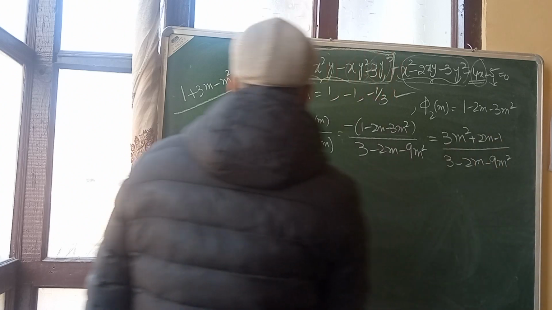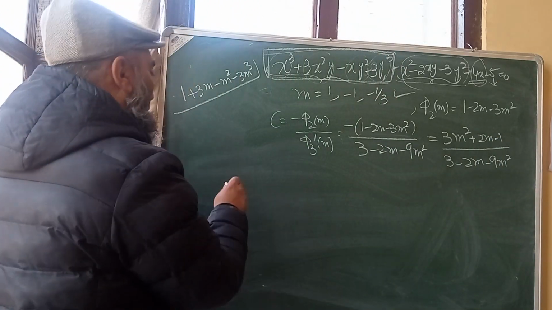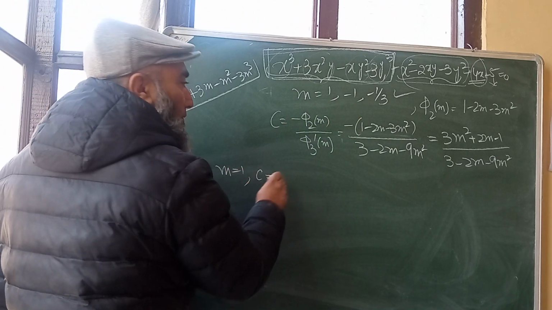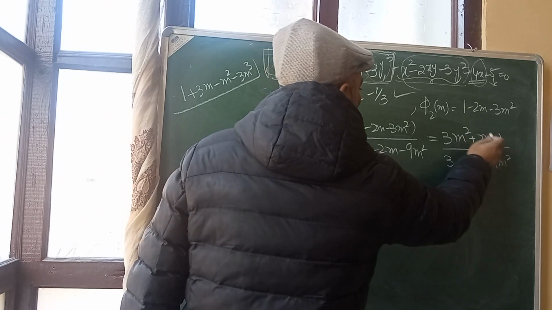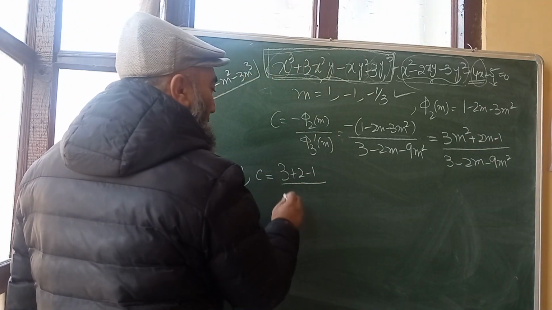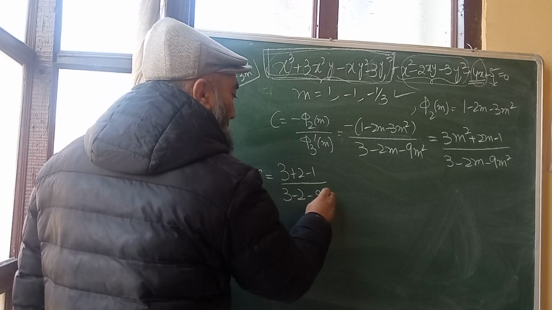Now put C equal to minus, 1 plus 2m minus 3m square, divided by 3 minus 2m minus 9m square. When m is 1, what is C? When m is 1, 3 plus 2 minus 1 divided by 3 minus 2 minus 9.